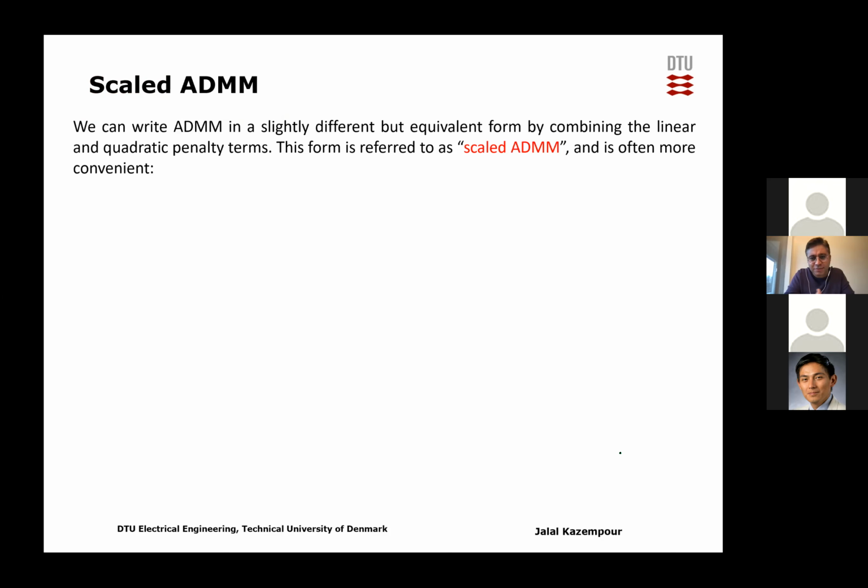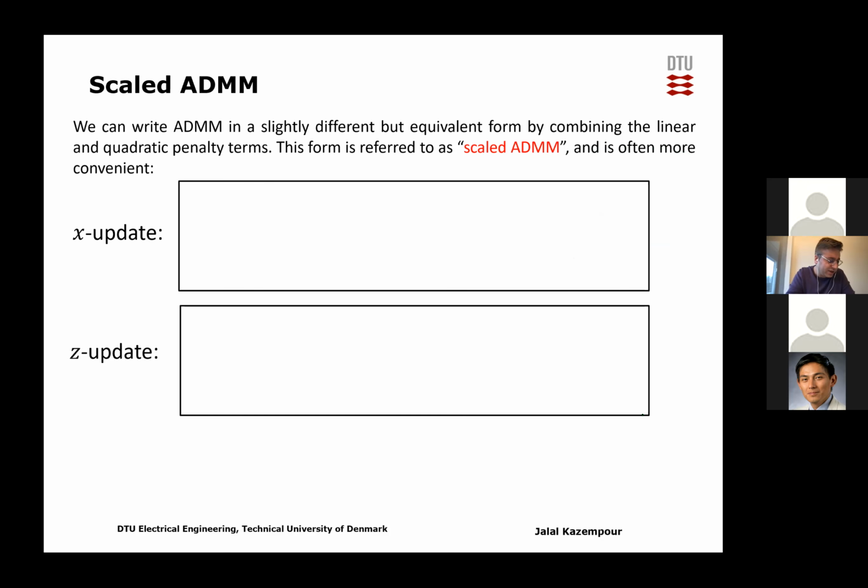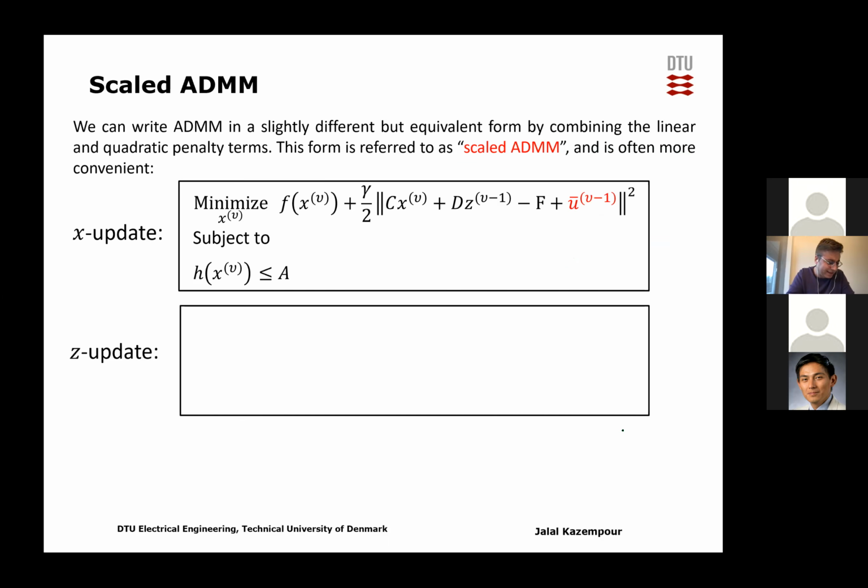In our ADMM in the last slides, we had two terms in the objective function, one as lambda bar times the term coming from the complicating constraint plus our penalty term, right? So we can do some math and we can combine them.